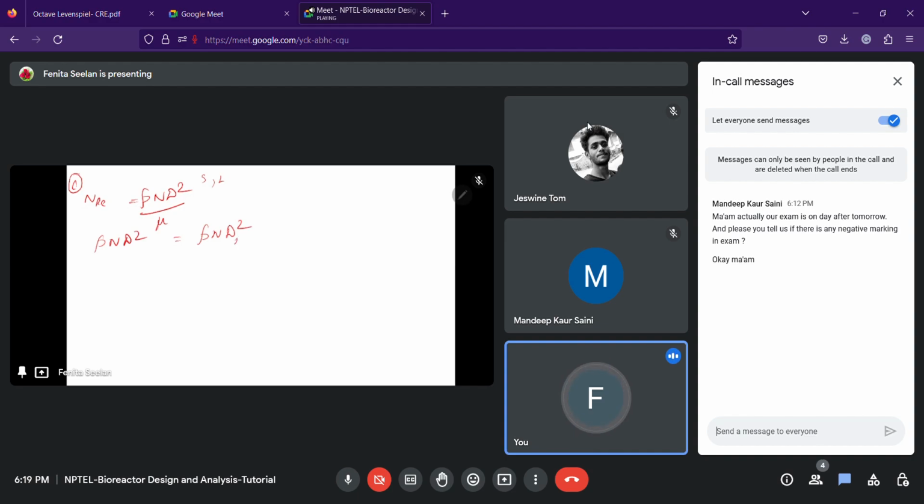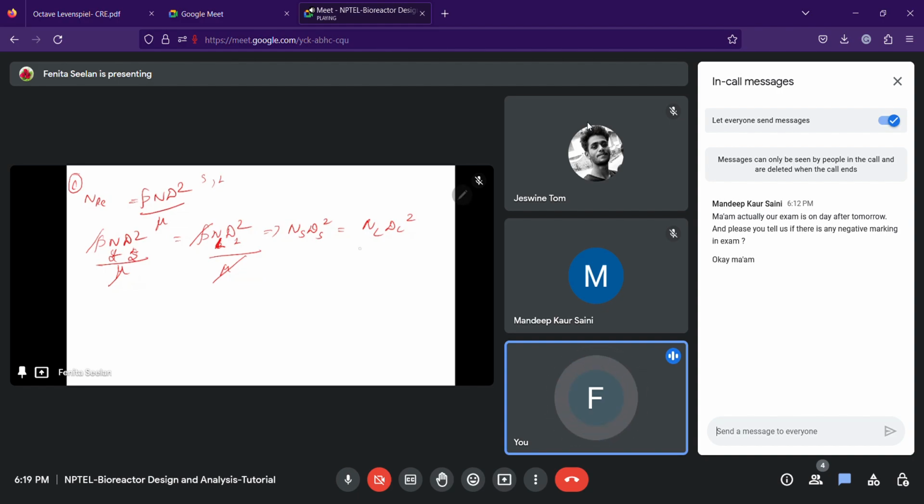So rho n d square equal to rho n d square. This is your larger diameter L, and this L, and this is S. So these both will get cancelled. That is again ns ds square is equal to nl dl square. So this is how you get your constant Reynolds number criteria.